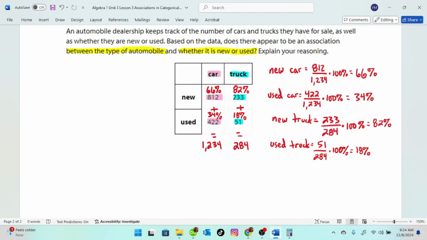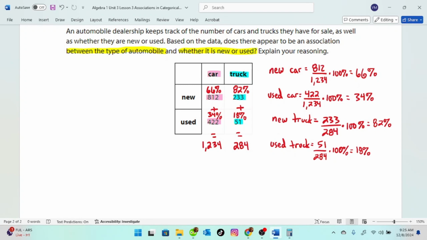So if we look, you are 16% more likely to have a new truck than a new car. And you are 16% more likely to have a used car than a used truck.